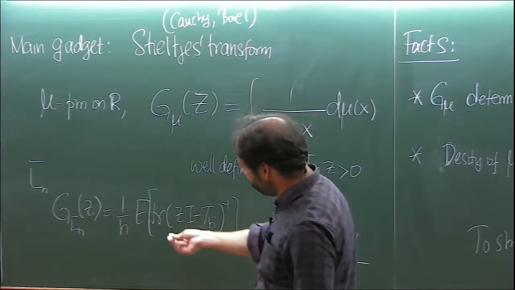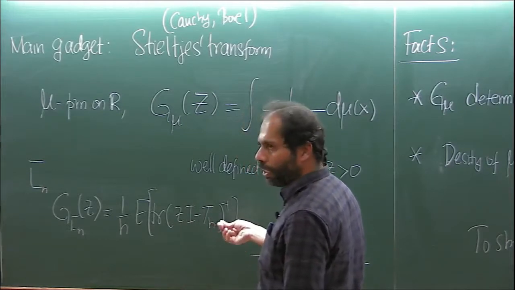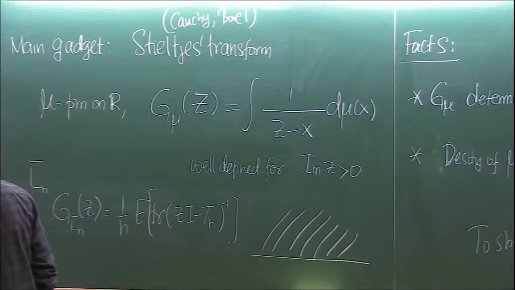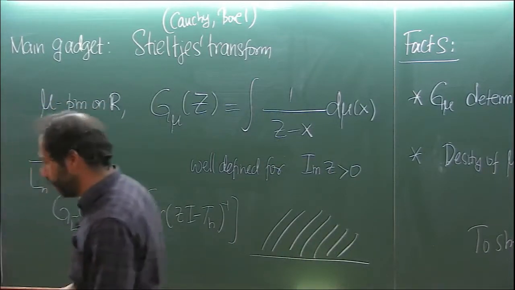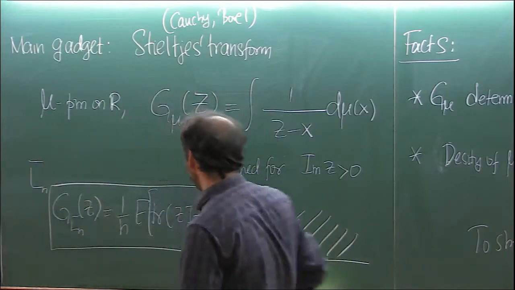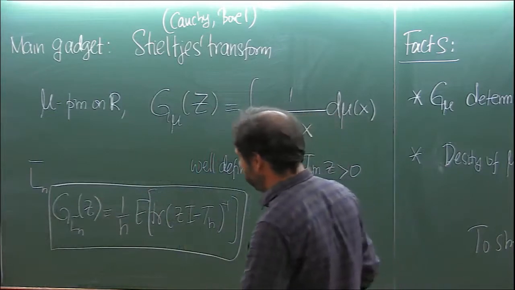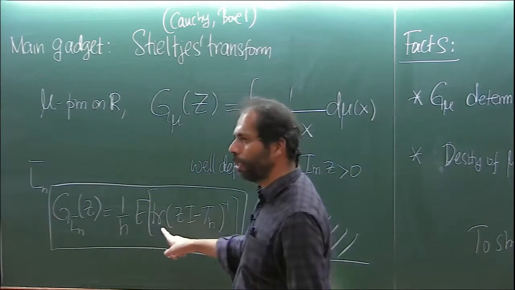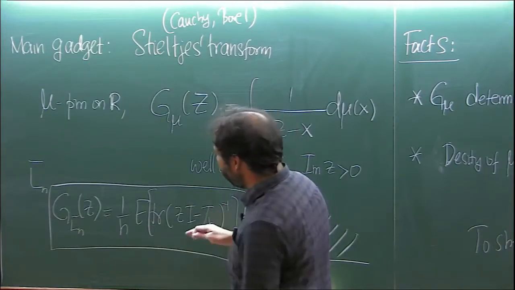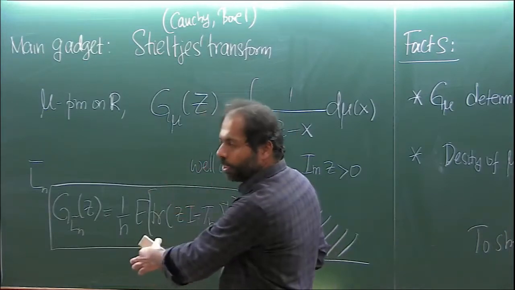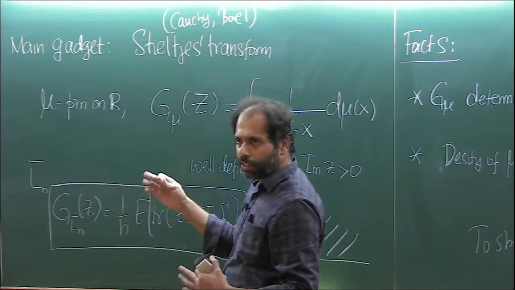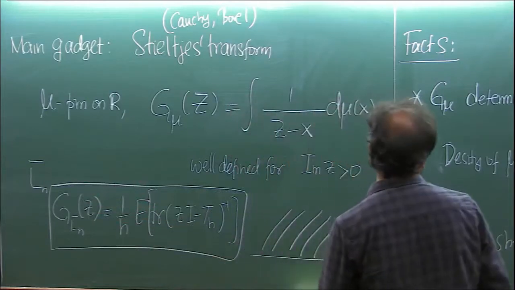So what we need to show is that these quantities are bounded uniformly over z and n. So in case of both Toeplitz and Hankel, because of these facts about the Stieltjes transform, all that we need to show is that the absolute value of 1 over n times the expected trace of the matrix inverse is bounded uniformly over z in the upper half plane and over n.